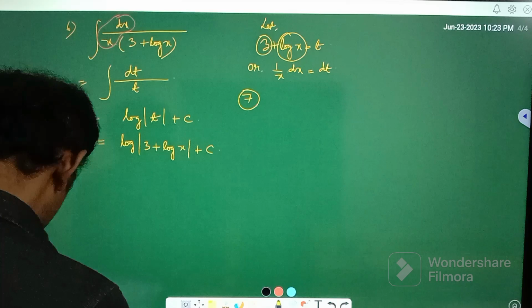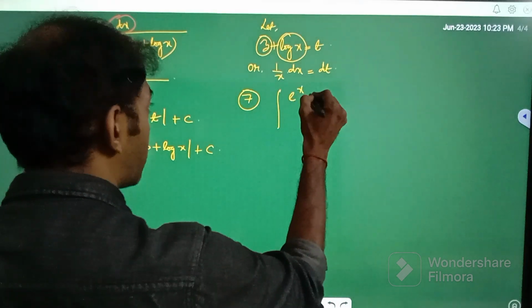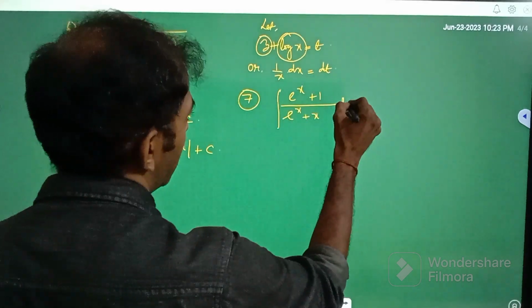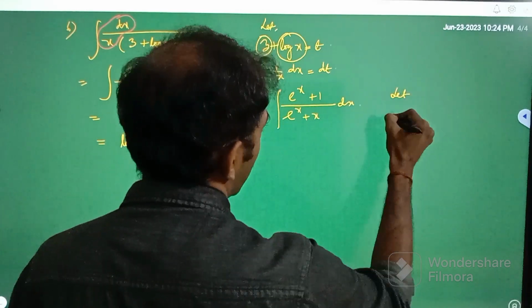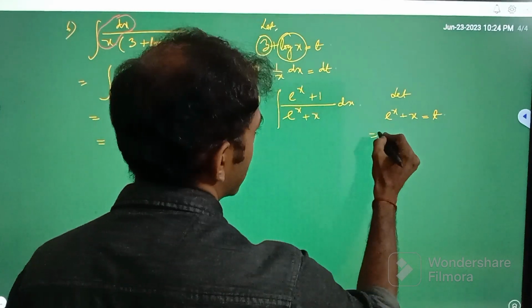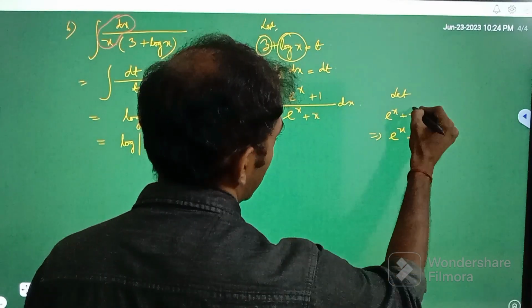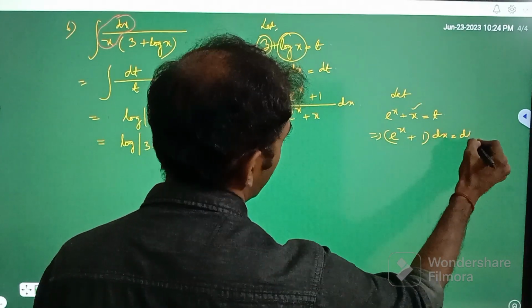Seventh problem is something like e power x plus 1 divided by e power x plus x dx. Here we need to consider e power x plus x as t, and the differentiation will be e power x plus 1 into dx, and that will be equal to dt.